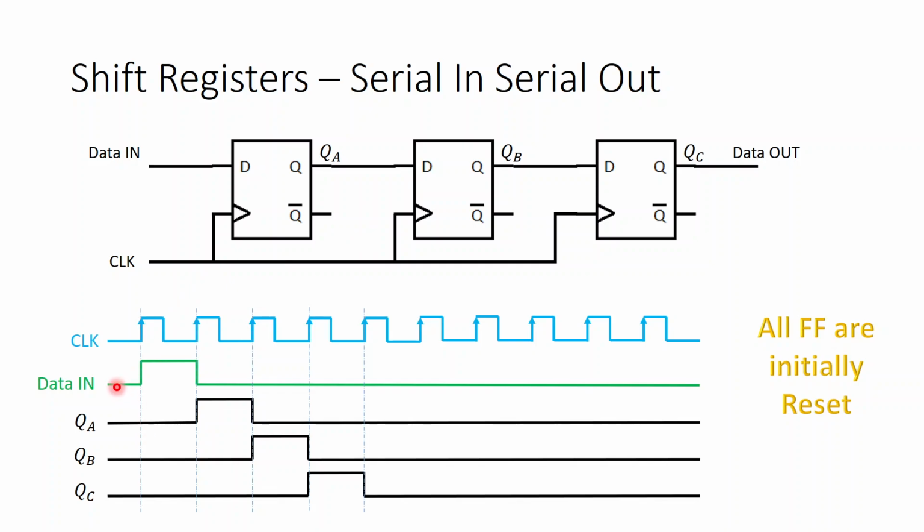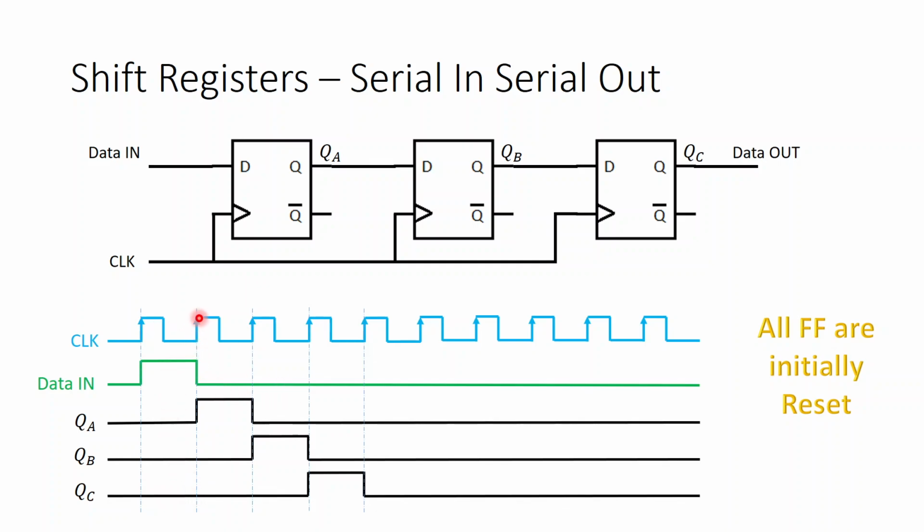As you can see, we have given a single pulse in the data in during the first clock cycle. At the first edge trigger nothing is happening, so QA, QB and QC are all 0 during the first clock cycle.